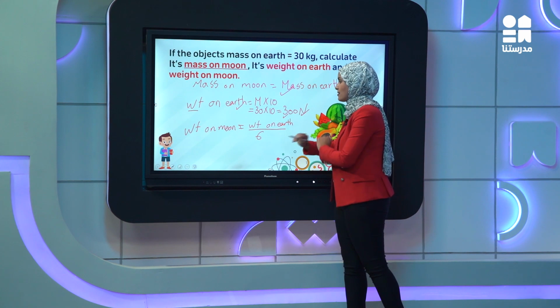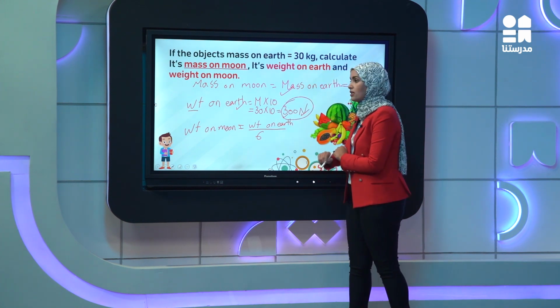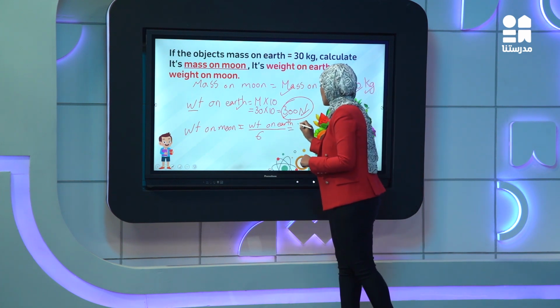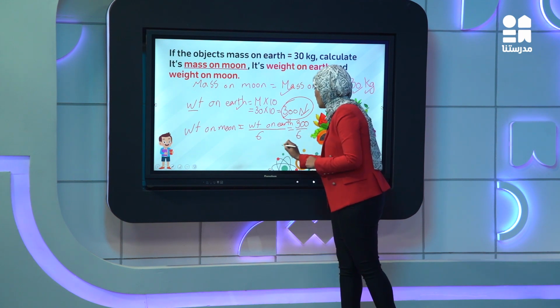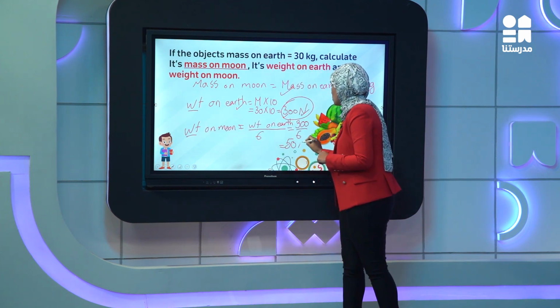We go back just one step, to the weight on Earth. Weight on Earth equals 300 Newton. This is the number that I need, okay? So I will write 300 divided by 6 equals 50. I'm measuring weight, so 50 Newton.